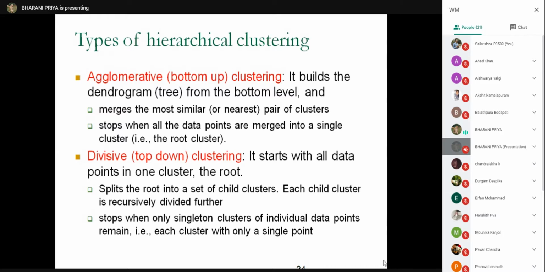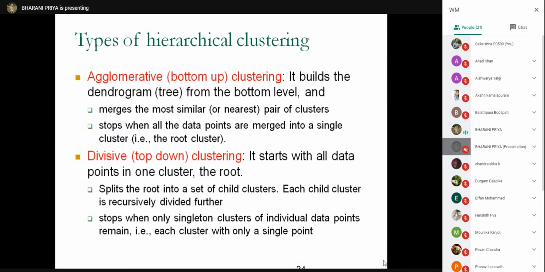So when you are combining or merging the clusters until you get a big cluster or a single huge cluster, that means you are getting the entire data. Then what is the use of clustering here? Have you understood my question?